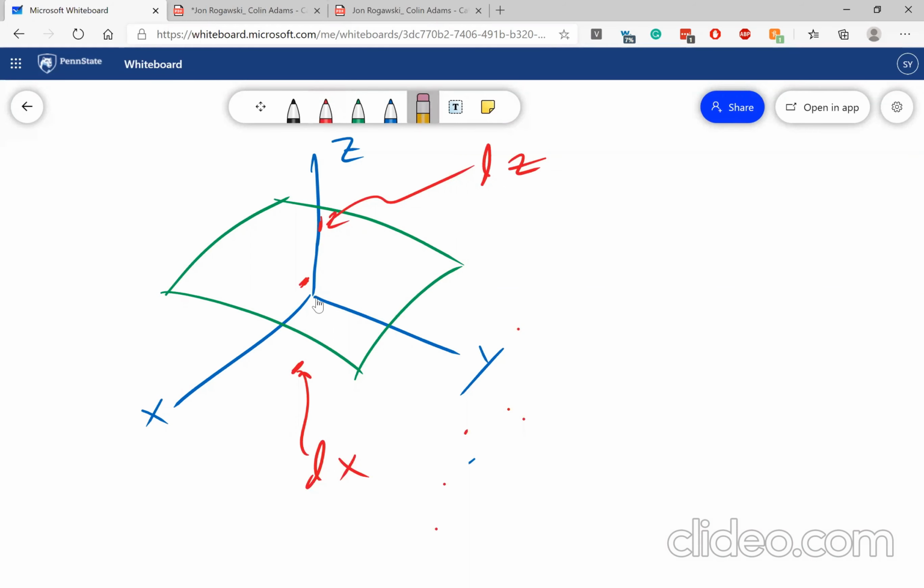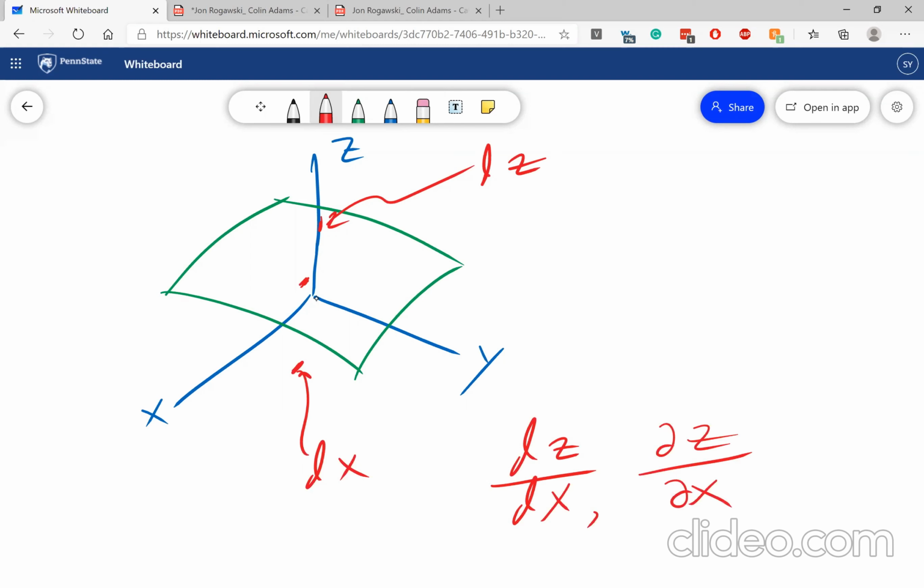And we would like to know what this is. What is dz over dx? But in this situation, we're keeping the y constant. So we actually rewrite this into the partial of z with respect to x. We just use a different notation.